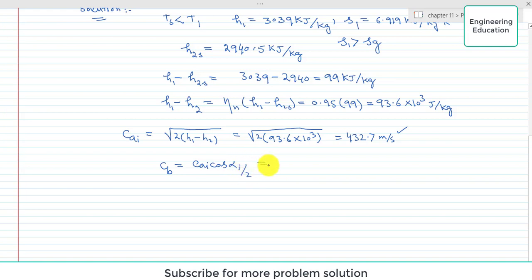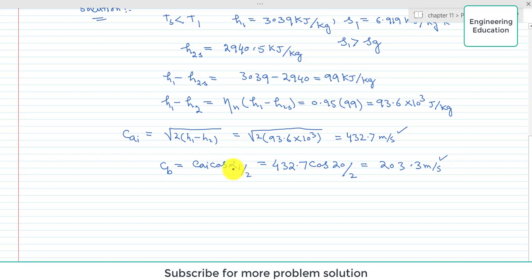So putting the values, CAI is 432.7, cos of alpha I is 20 degree, divided by 2. Simplifying this, we get 203.3 meter per second. So this is the blade velocity or blade speed.